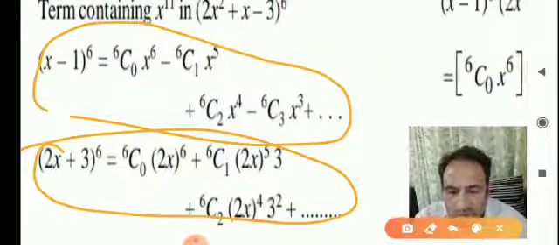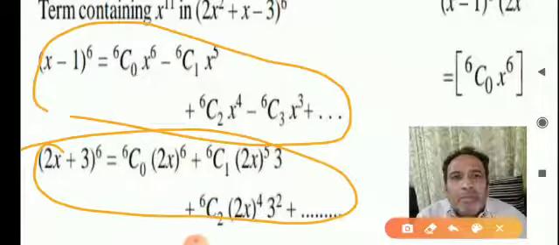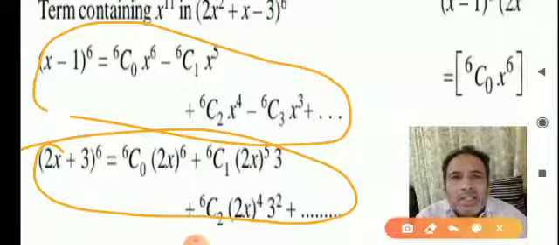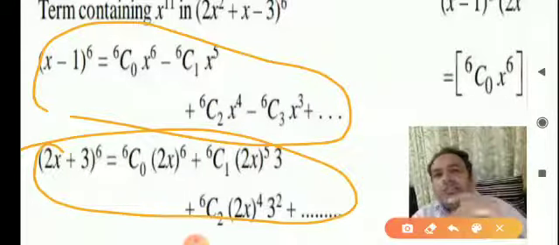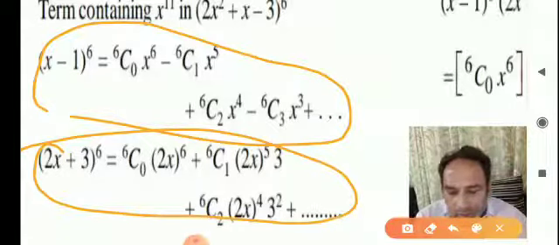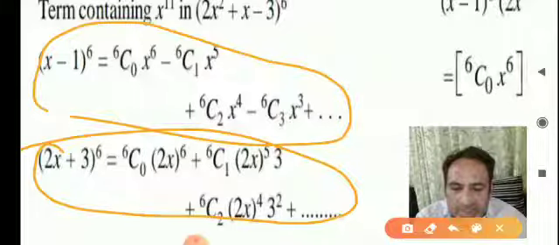For x to the power 11, the maximum x power you will get is 6 in any of them, and 5. So the combination is 6 and 5, or 5 and 6.